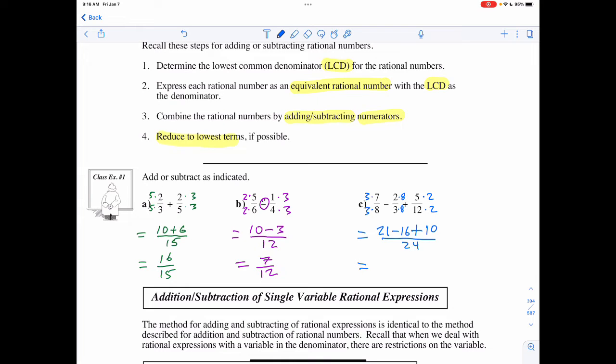When I take 21 minus 16 plus 10, that's going to give me 15 over 24. And unlike in the previous cases, there is a common factor between 15 and 24. That's 3. So I can reduce this fraction down to 5 over 8. And there's going to be my final answer.